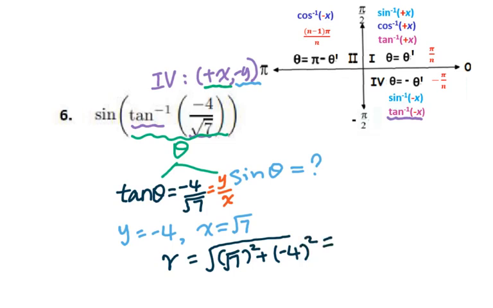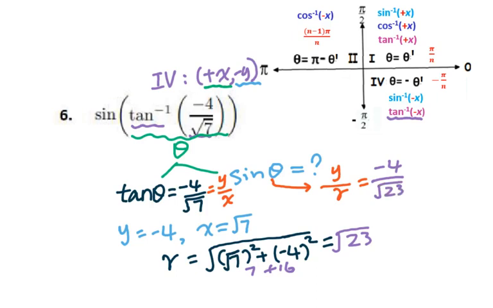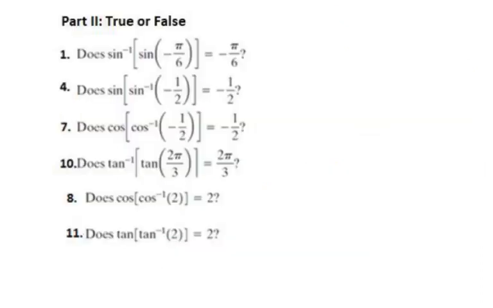You will get square root of 23 because this is 7 plus 16. This is already simplified. So we are looking for sine theta, that's y over r. So I plug in. Y will be negative 4 over square root of 23. And you will get negative 4 square root of 23 over 23. That's the final answer for number 6.